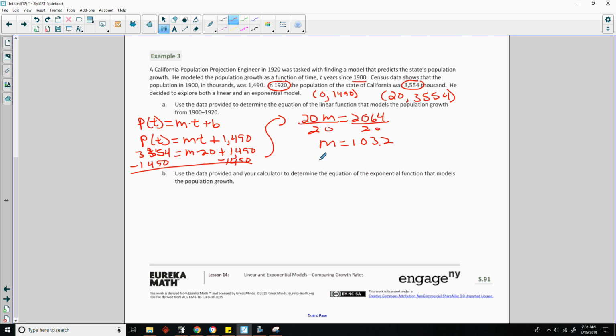So now I'm going to take my function and plug in what I have found. So my P of t equals mt plus b, 103.2t plus my b, which was 1490.